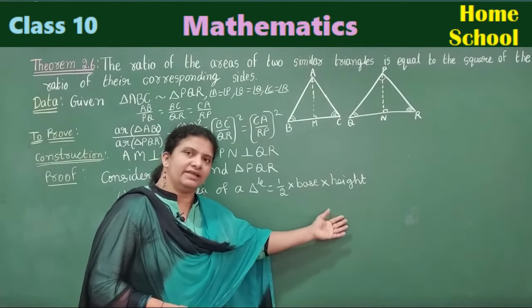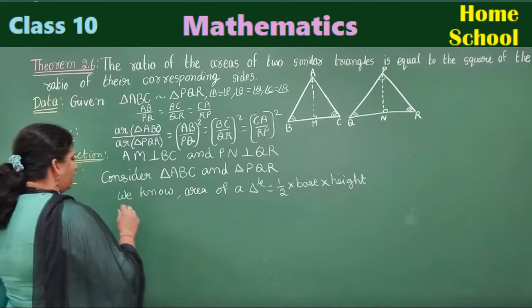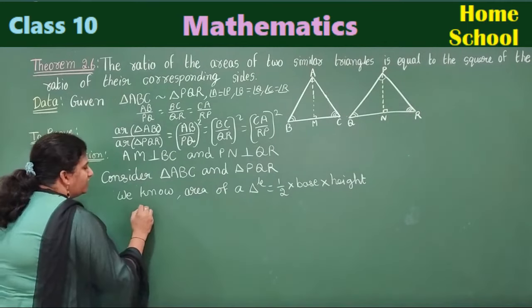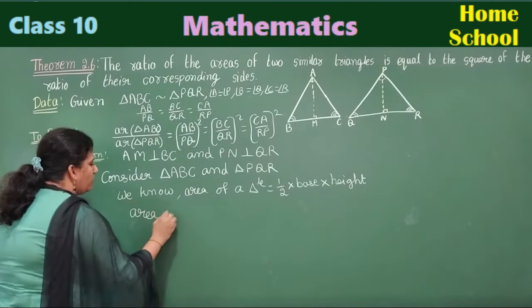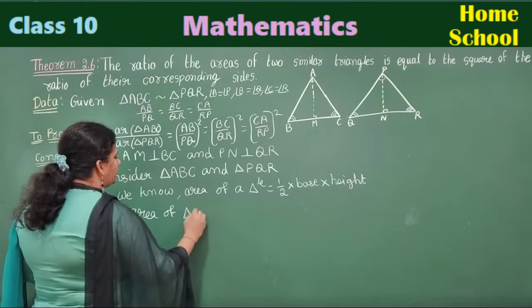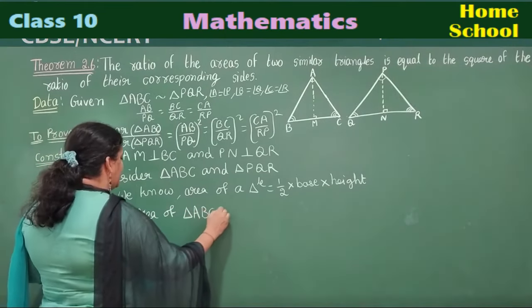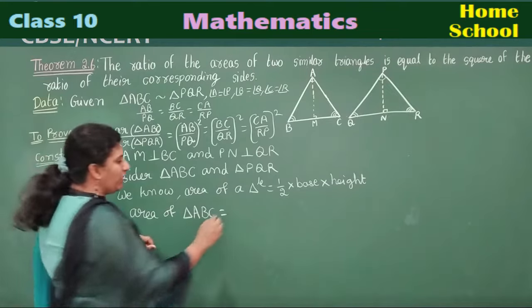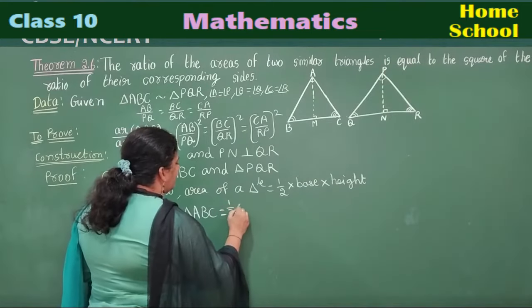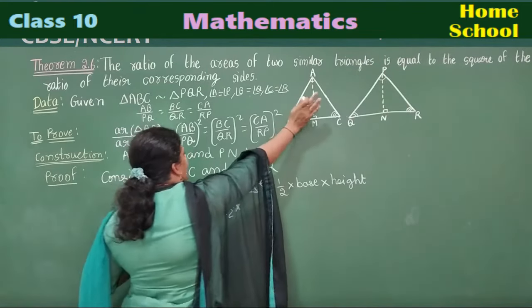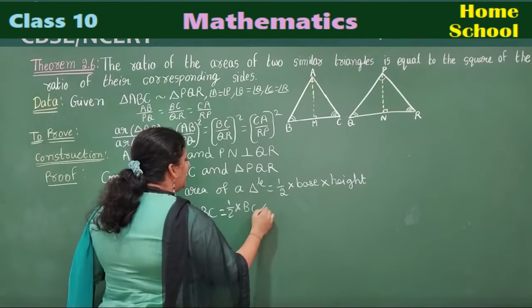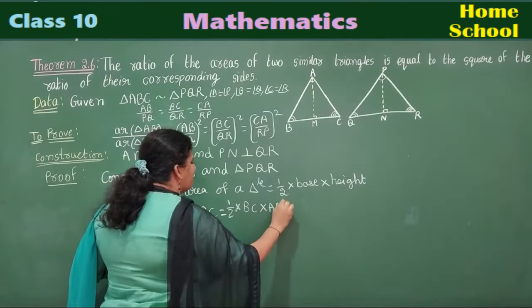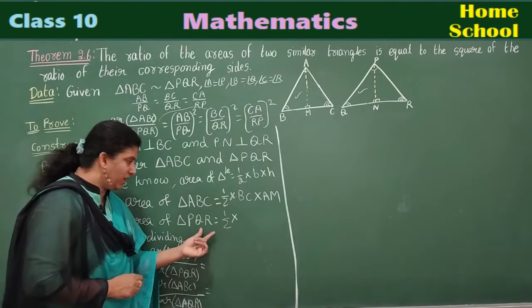So now consider area of triangle ABC is equal to half into base BC into height AM.